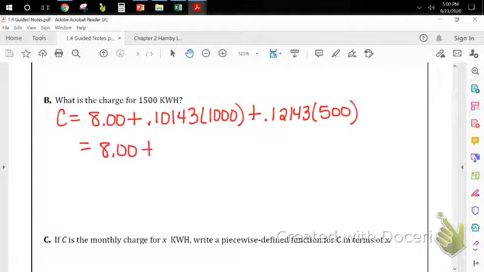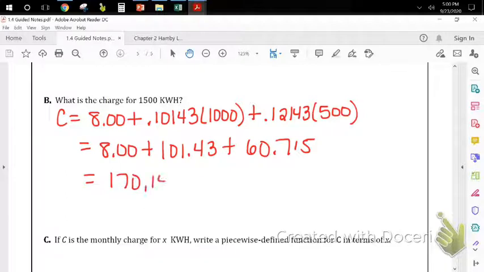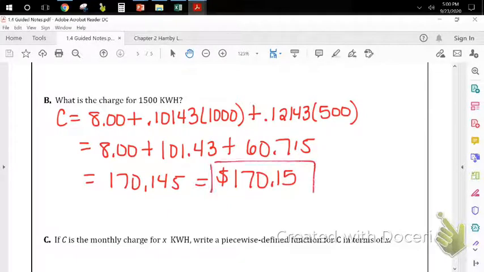So $8 plus 101.43 plus 60.715. We add all that together. And I got 170.145. Remember, we're talking about money. So it's $170.15.